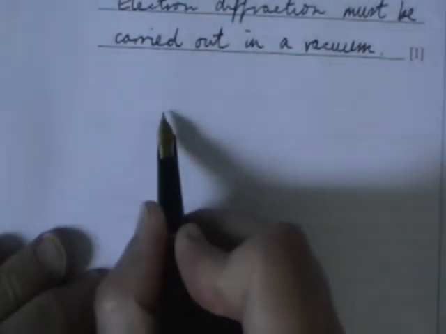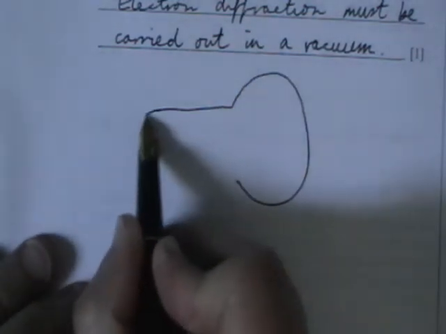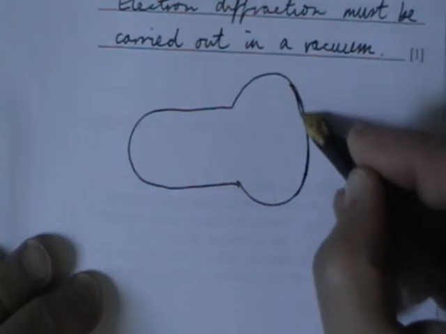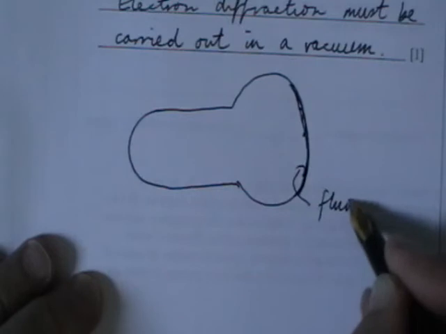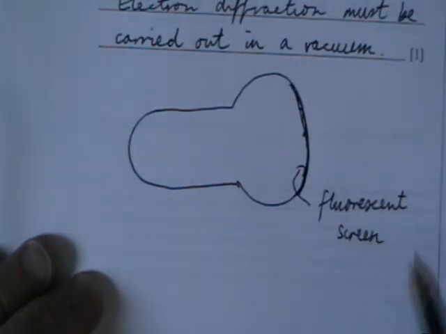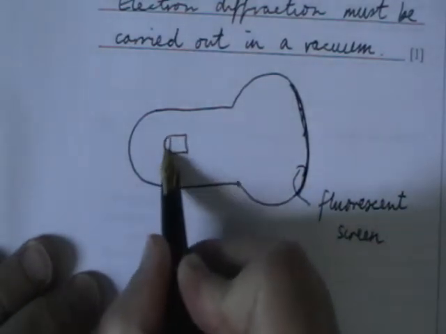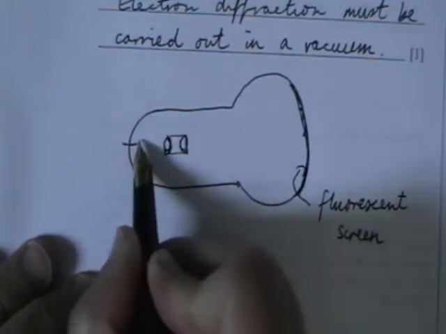And you should remember, although we're not being asked for it here, that in our diffraction experiment we had a vacuum tube, so we have a vacuum here. On this side here, around down here, we would have had a fluorescent screen. We then have our anode here, and we have our cathode here, which is going to be heated.